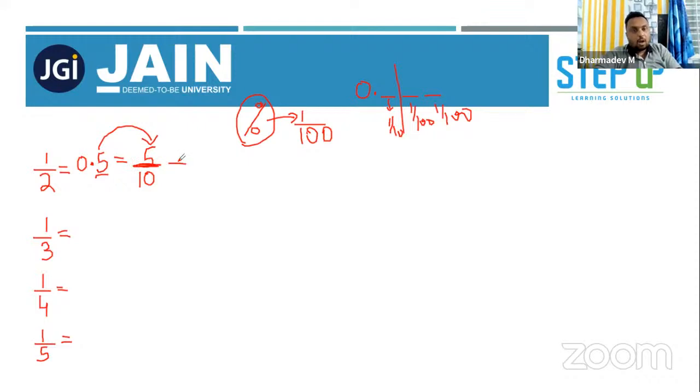Now, how to make this number divided by 100? It's the same number, 5 by 10. How can I make it out of 100?